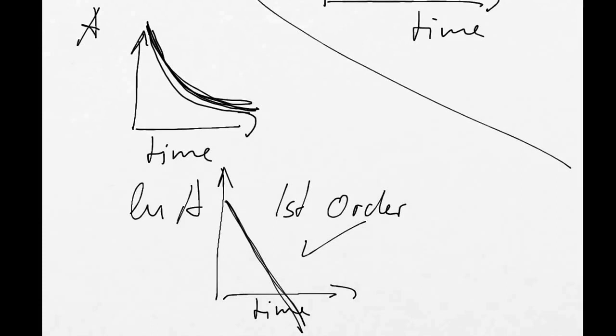It could be, for example, a second order reaction. And for a second order reaction, very briefly, although I don't think you really need to memorize that, if we have something like A plus B gives something, with our methods, we can't solve that.